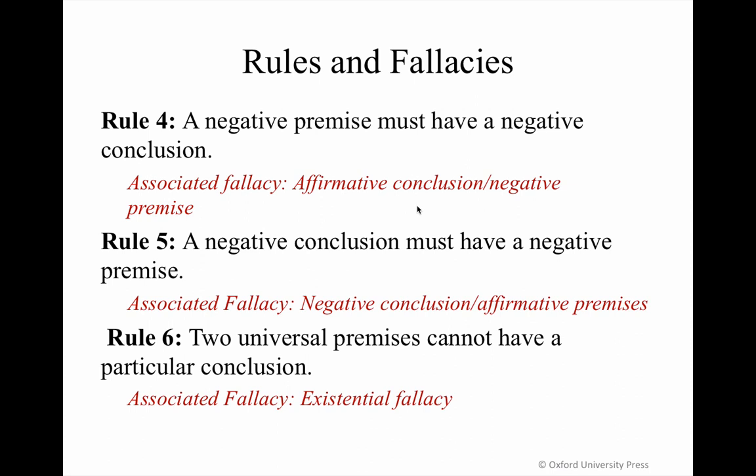Remember the example you saw just a few minutes ago where an argument had two universal premises and a particular conclusion, and since the universal premises did not assume existential import, on the modern interpretation the argument failed. In the particular scenario we looked at, the argument failed on the traditional interpretation as well, but that doesn't mean that it has to.